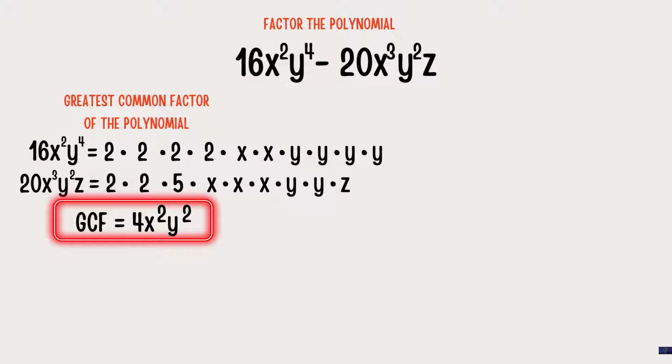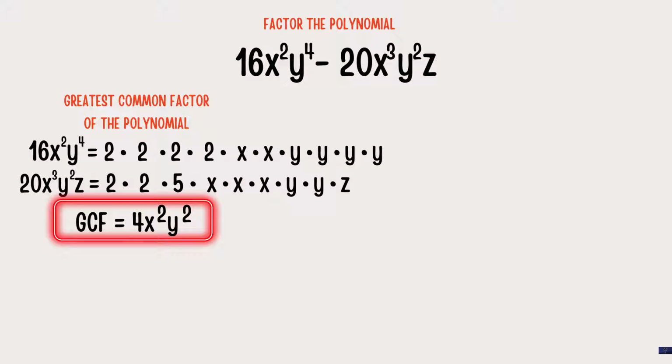On the other hand, 20x cubed y squared z is equal to the product of 2 times 2 times 5 times x times x times x times y times y times z. We identify the product of the common factors, which is the product of 2 times 2 times x times x times y times y, which is equal to 4x squared y squared.